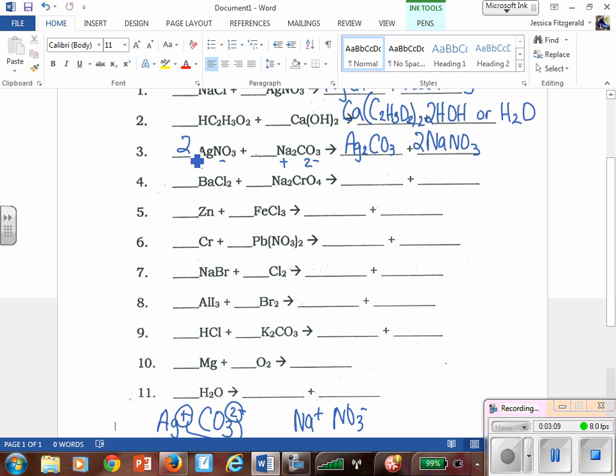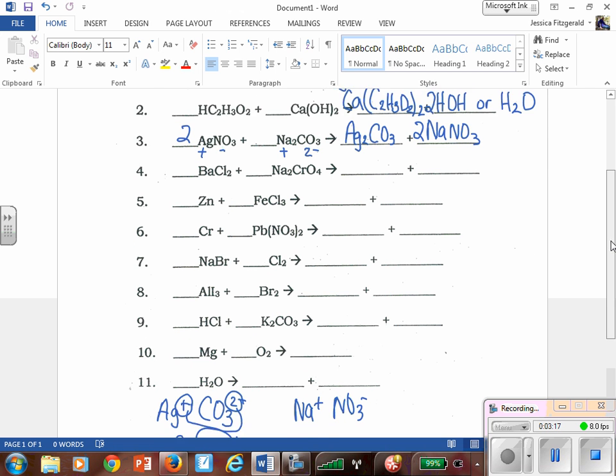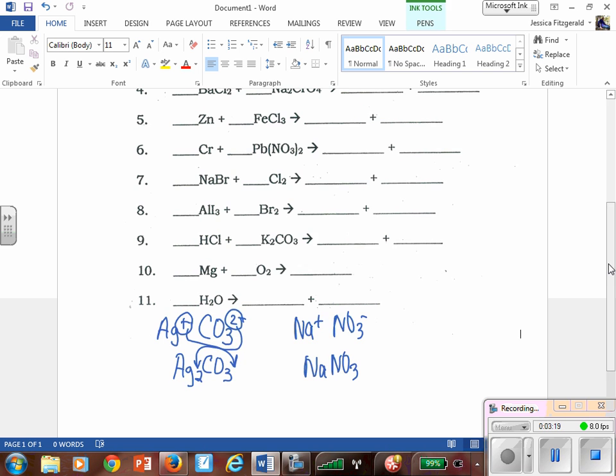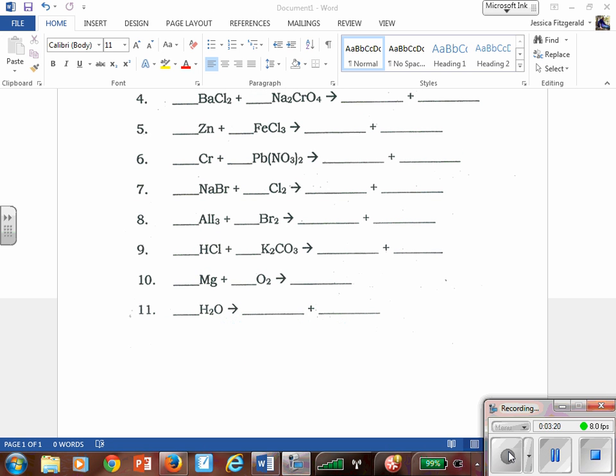Number 4 is also a double replacement reaction in which we have 2 compounds and we have 2 blanks. Barium has a +2 charge, chloride has a -1, sodium has a +1, and CrO4 has a -2.